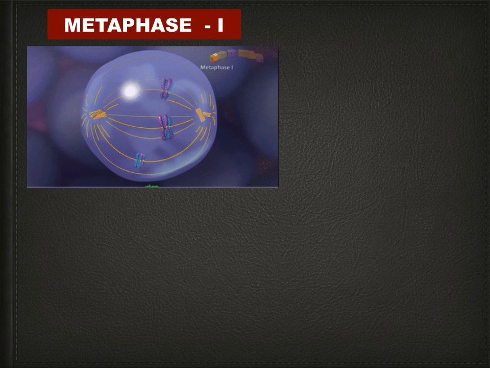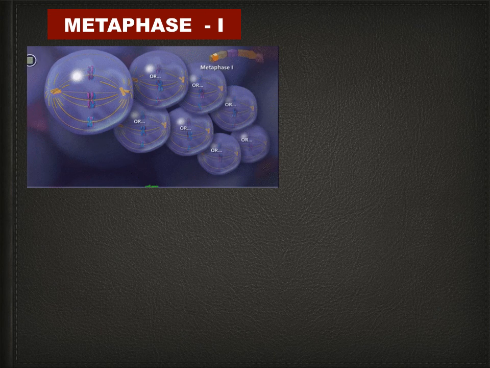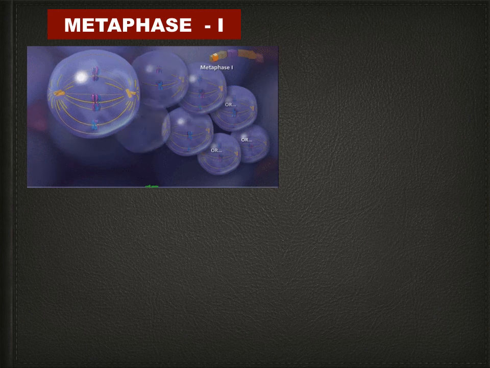Next phase is metaphase 1. The homologous chromosomes arrange on the equator with random orientation forming metaphase plate.